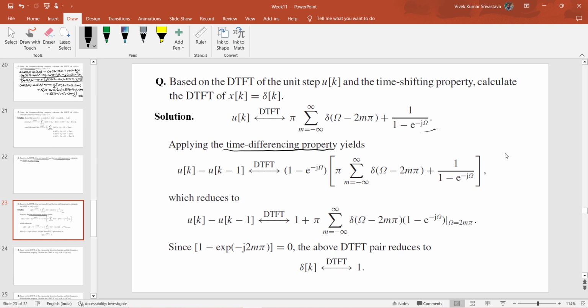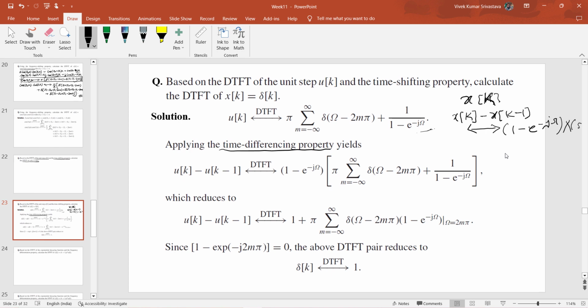The time differentiating property states that for a general signal x of k, the Fourier transform of x of k minus x of k minus 1 is 1 minus e raised to the power minus j rho into X of omega.